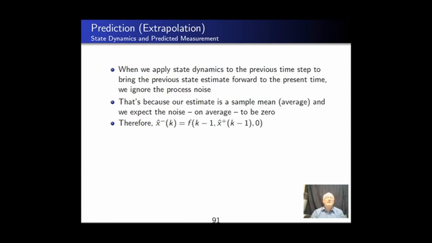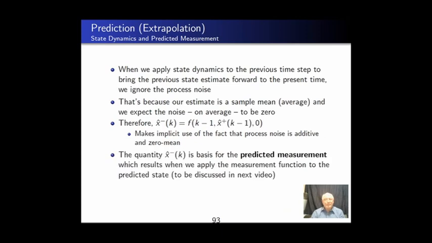So essentially we can say that x hat minus at time k is going to be equal to the dynamic function, possibly explicitly dependent on time k minus 1, and the last corrected value of the estimate, x hat plus at time k minus 1, but with the noise input being set to 0. So this makes implicit use of the fact that the process noise is often additive, but certainly that it's 0 mean.